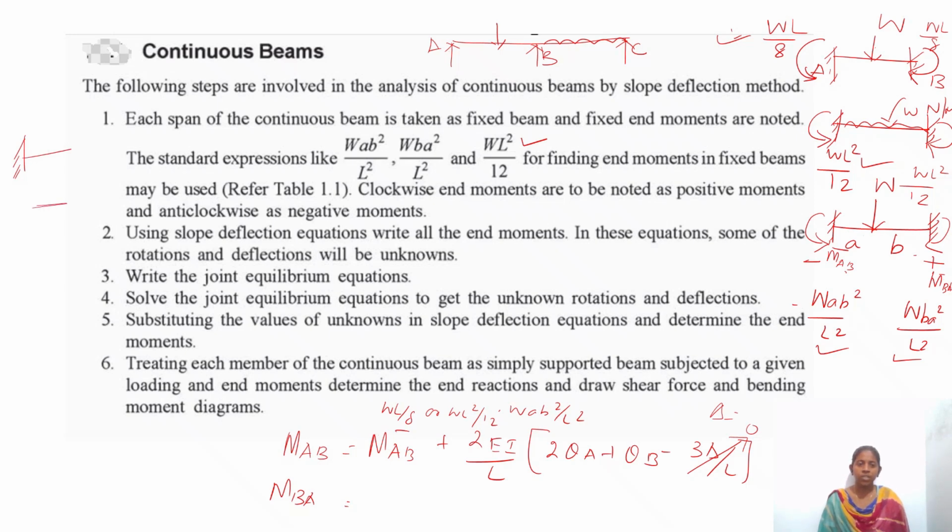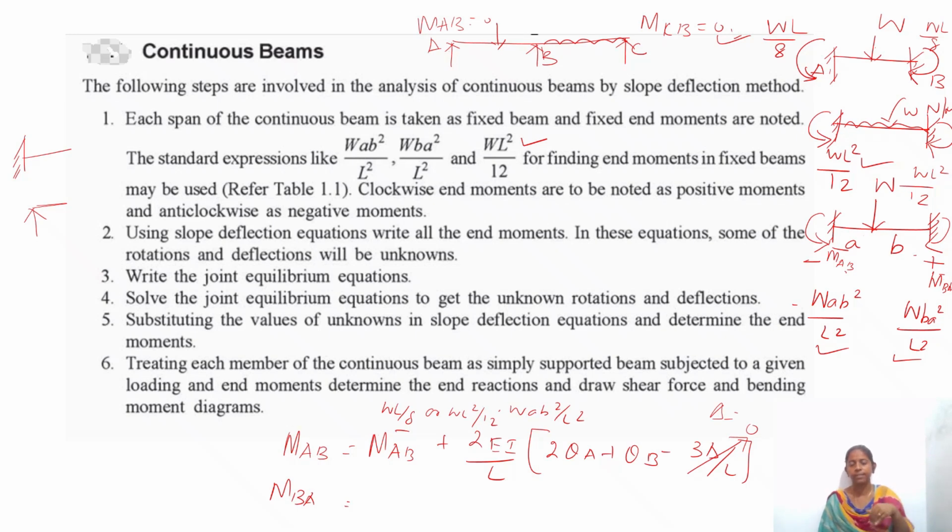The moment is 0 in a simply supported end. So by using this concept, we know MAB should be 0 in the final result value, and MCB should be 0 in any problem. A simply supported point has no moment of resistance. There is no resistance for the moment.